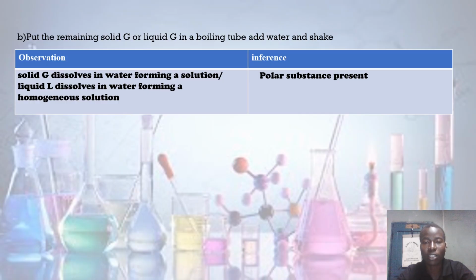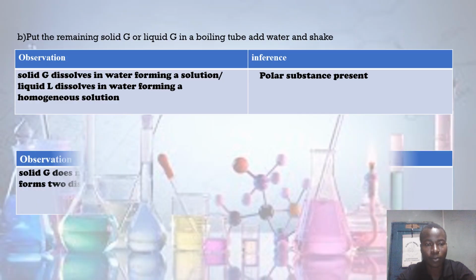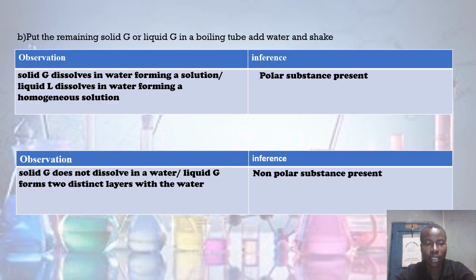Now in that context, for the inference you talk about polar substance is present. Next, you can have solid G. It may fail to dissolve in water, or the liquid, when you add water to it, you see it forming two layers, two distinct layers. Like for instance, if you add water to kerosene, you can see it forming two layers. It will imply that a nonpolar substance is present.